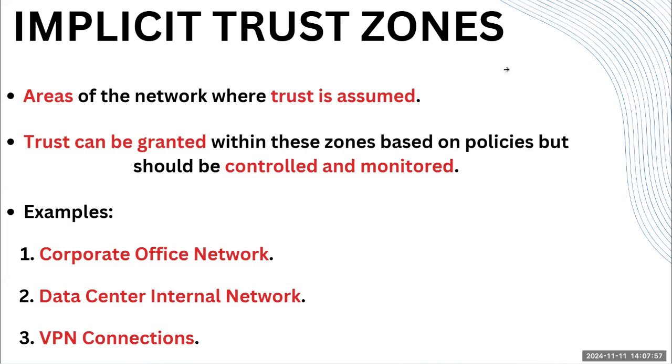However, that doesn't mean that we shouldn't control and monitor these zones, because, like we said, what is the greatest threat to our network? Is it internal threats or is it external threats? Internal threats can cause more damage, exactly.